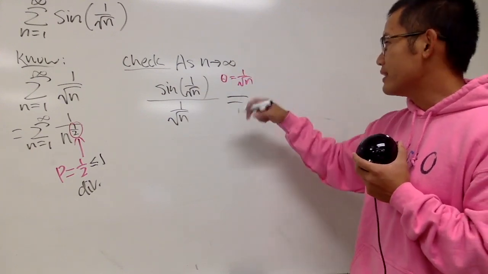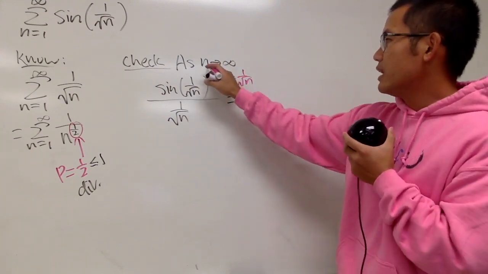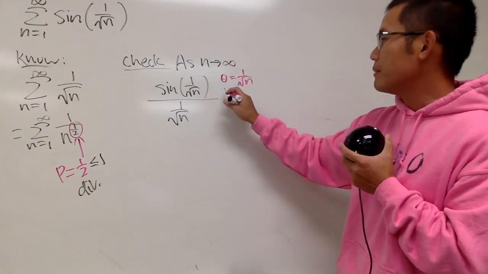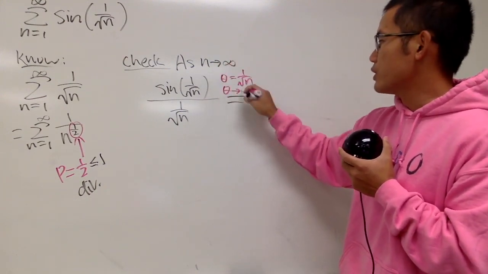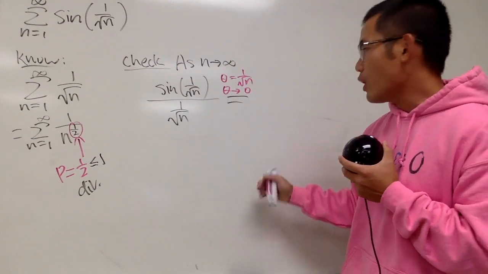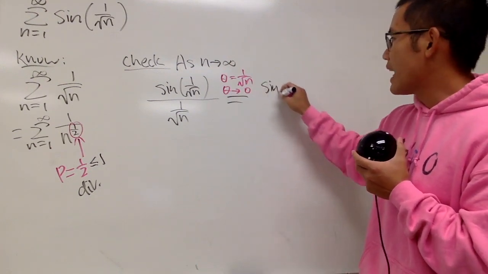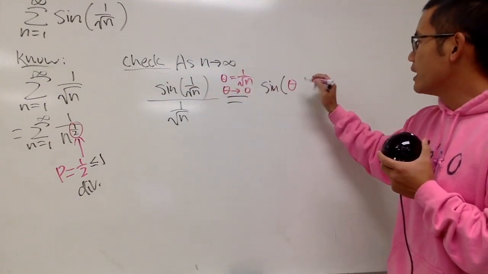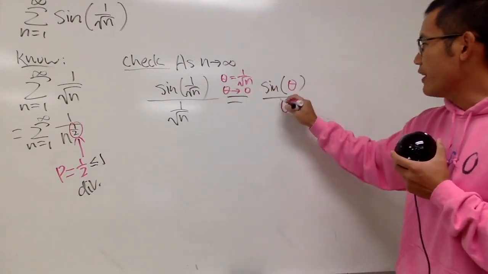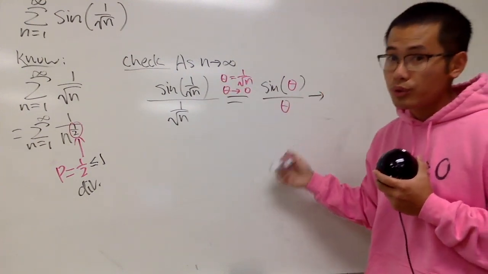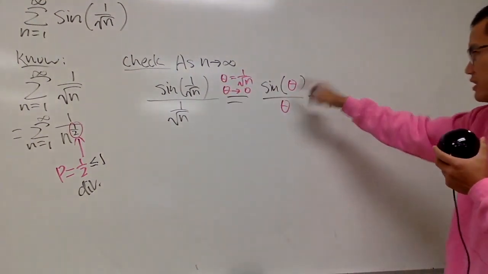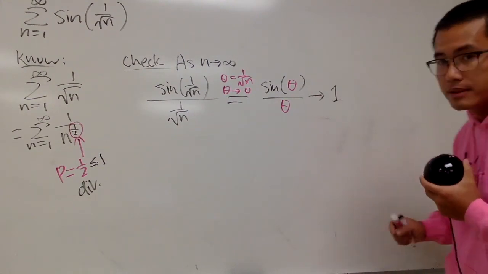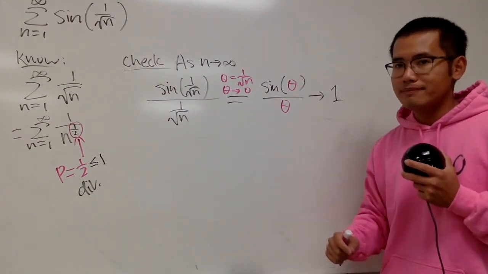And notice that if n goes to infinity, that means theta will go to 0. Yeah? So you're looking at this as sine of theta on the top, and the bottom is just theta, and this right here will go to 1. Because this is the limit. This is 1.